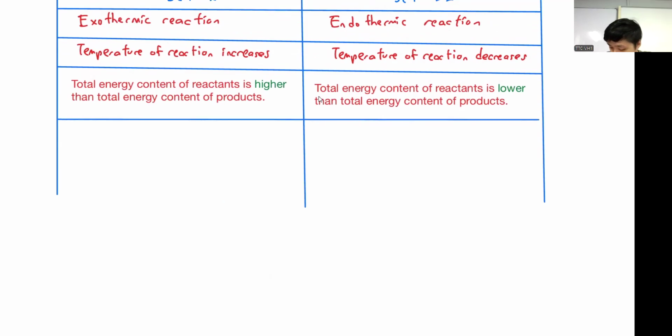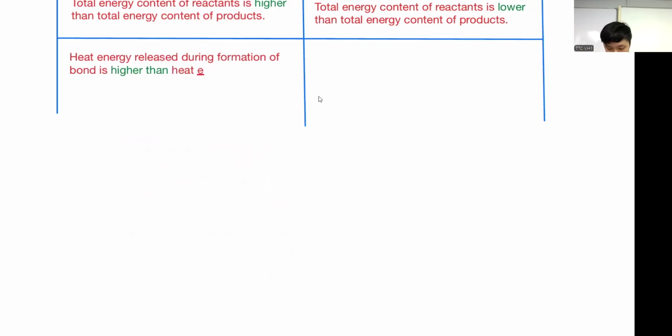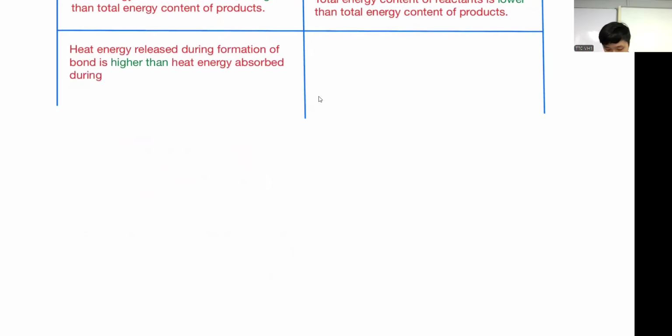Another one is the very long sentence, right? Not very long, but it takes time. So this part is: heat energy released during formation of bond is higher than heat energy absorbed during breaking of bond.